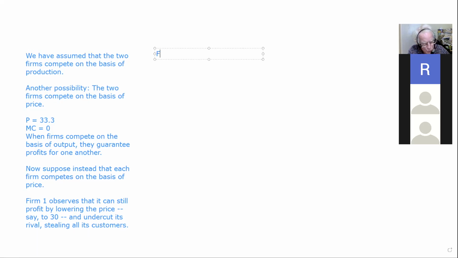But firm two now reacts. It now sees the essence of the game, then it will cut its own price, say to 25, still making a profit, since marginal cost is 0.